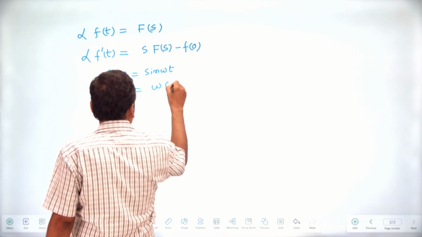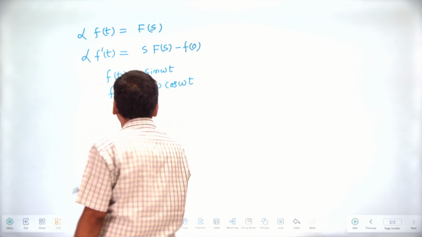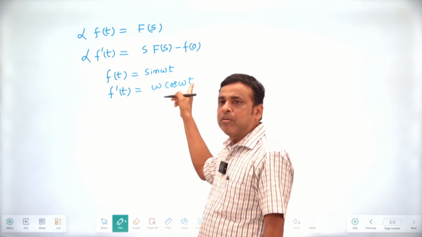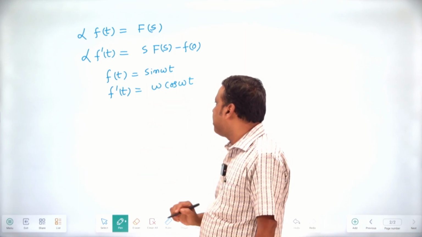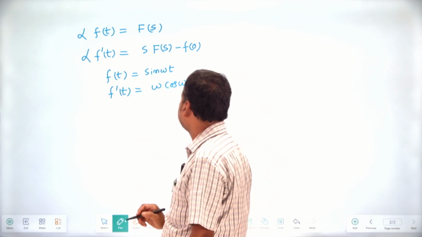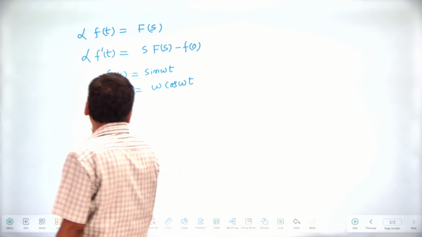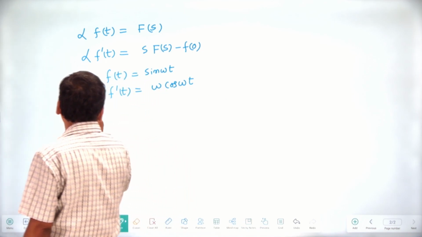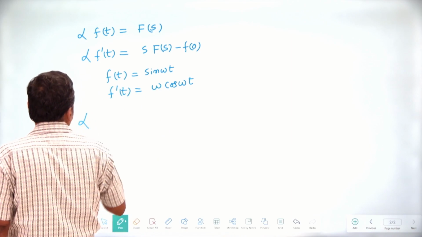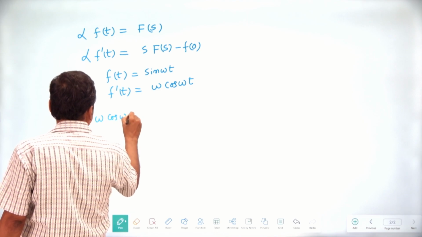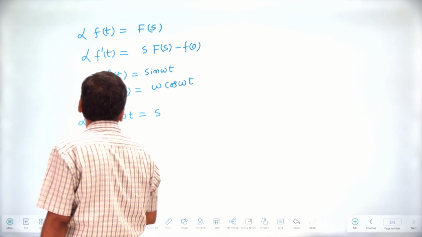The derivative of sin omega t is cos omega t with respect to omega t, times omega. So if f of t is sin omega t, then the derivative of that function is omega cos omega t. Now the Laplace transform of f dash t, omega cos omega t, is s F of s.